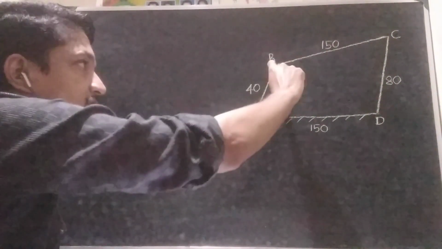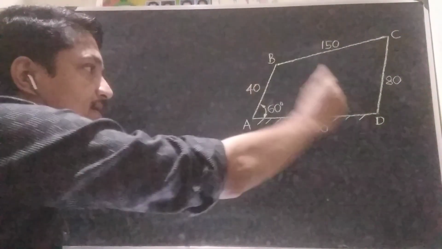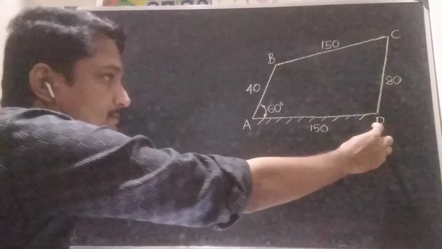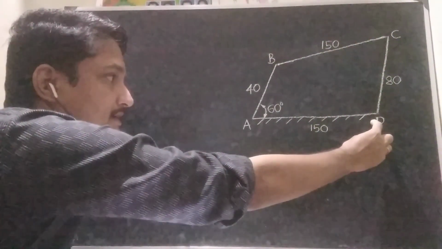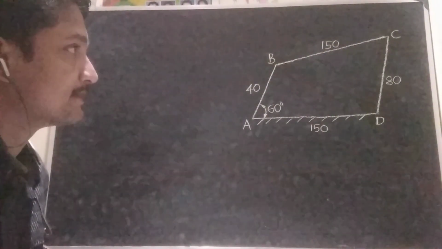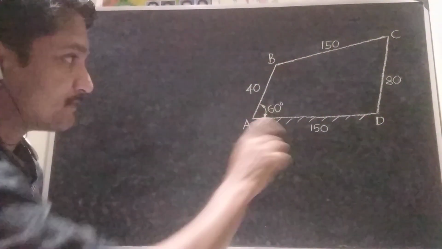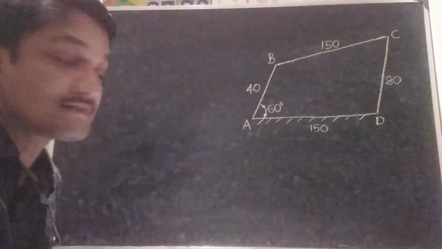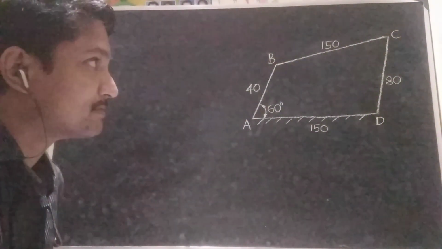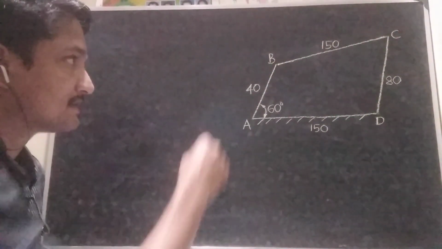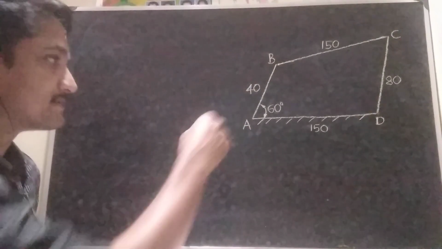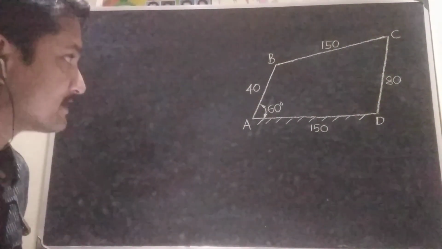Then draw an arc with radius 150 mm from B, and draw an arc with radius 80 mm with center D. Then we can find the intersecting point and name it as point C. Then we can easily construct this space diagram.